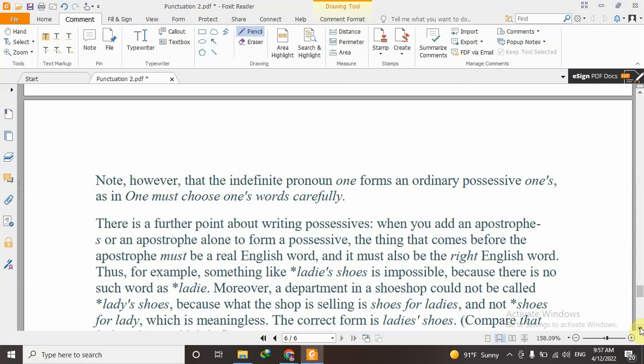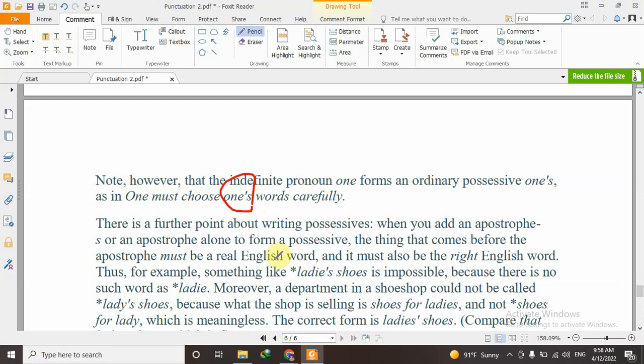We can't say the shoes of someone or the mistake of no one. Okay. So we have as an example: one must choose one's words carefully. One's, this is possessive. Next, I want you to pay attention to me a little here.